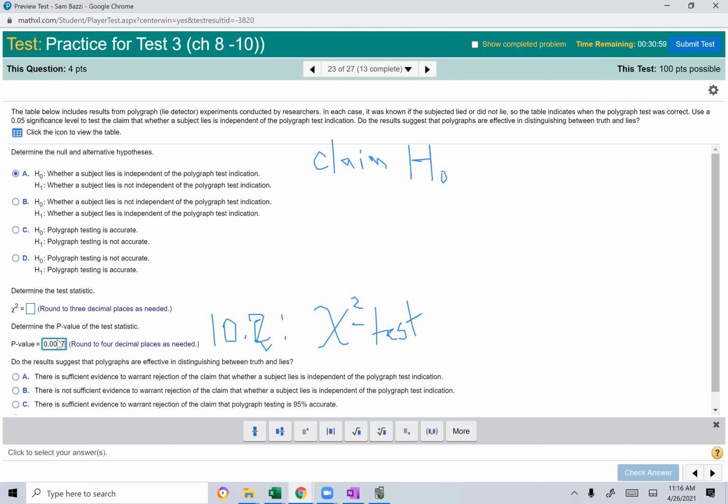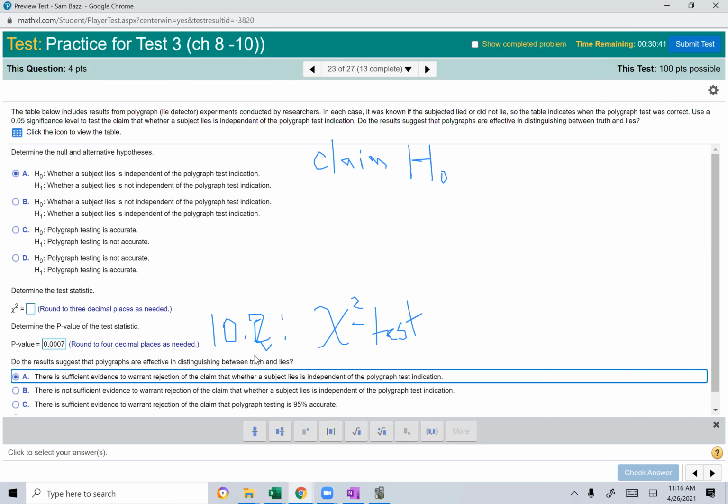All right. And what's alpha? Alpha is 5%, so that's less than alpha. Reject H0. There is enough evidence to reject the claim. So there is sufficient evidence to warrant rejection of the claim right here.